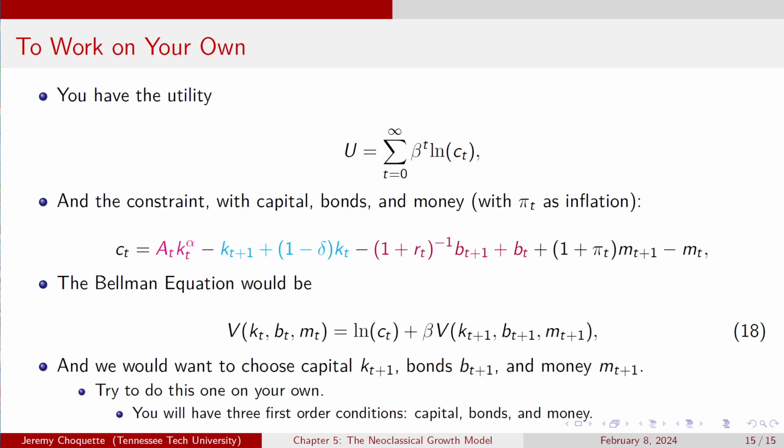You just need the one for money. So try to get the one for money through the same process you used for capital and bonds. If you can do that, well then, hey, you're golden. You're in excellent shape, and you're just that much closer to really being able to master what this stuff is.